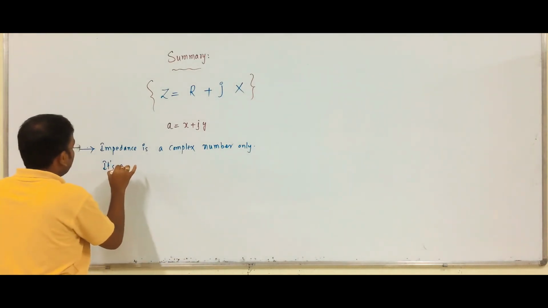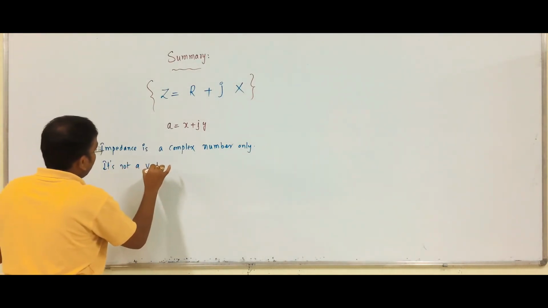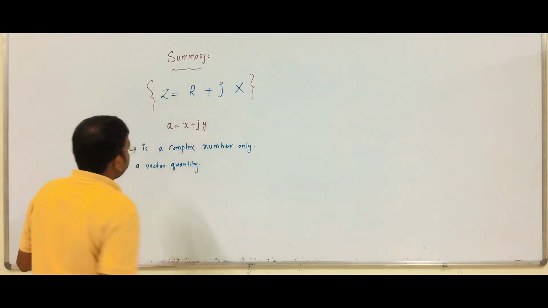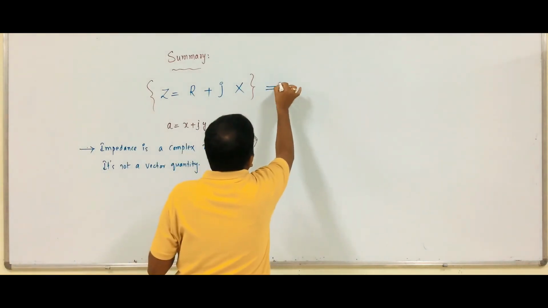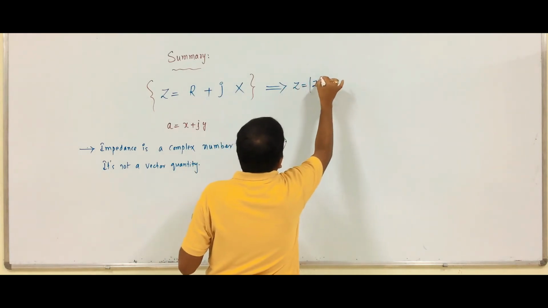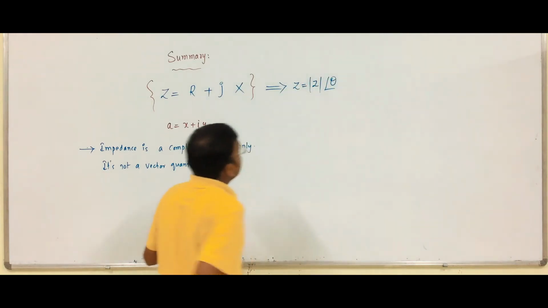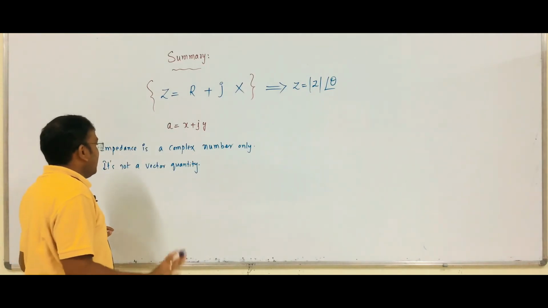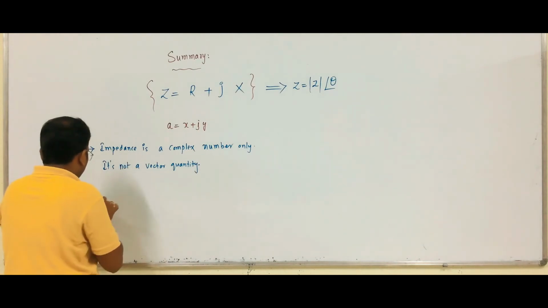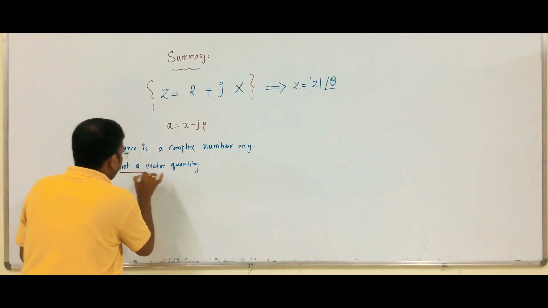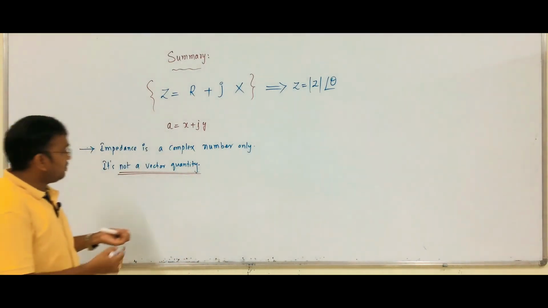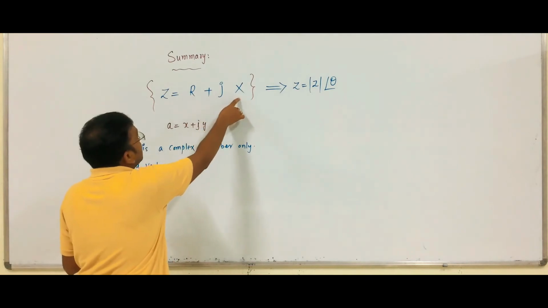It's not a vector quantity. Okay. From this, Z is equal to mod Z at an angle theta, but it is not a vector quantity. This point is very important. It is not a vector quantity. See, this is the real part, this is the imaginary part.